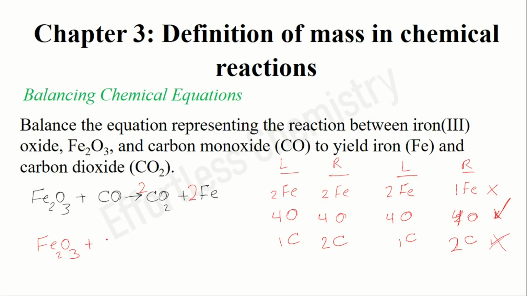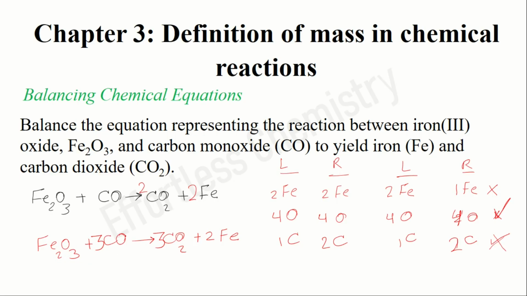Fe2O3 plus carbon monoxide gives us CO2 plus 2 iron. If I change this number to 3 for both of them, let's see what will happen. Iron remains the same.